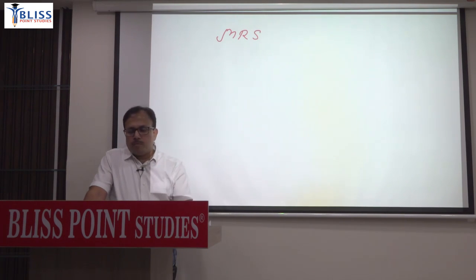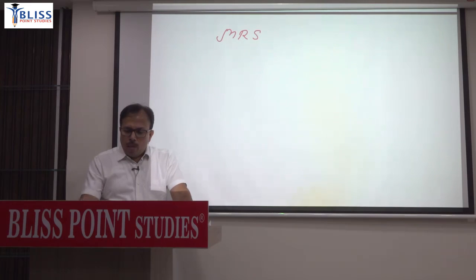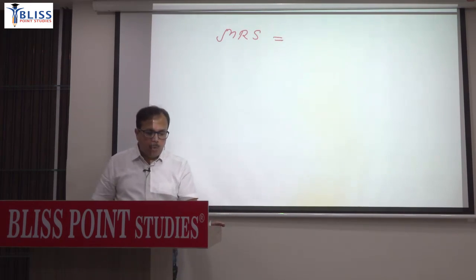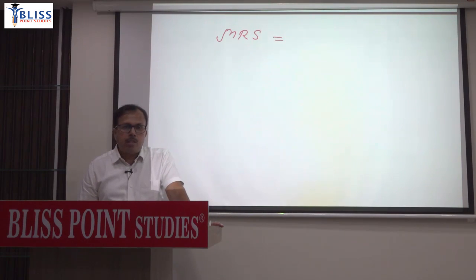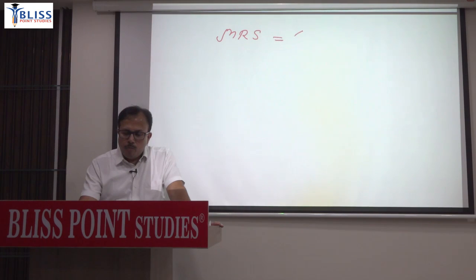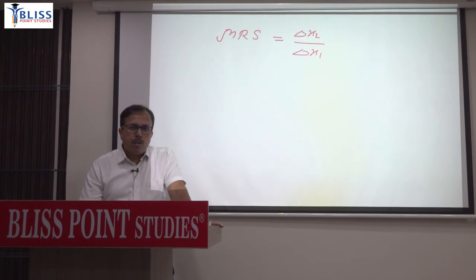Now define that term, where marginal rate of substitution measures the amount of good 2 that consumer is willing to give up in order to consume one additional unit of good 1.